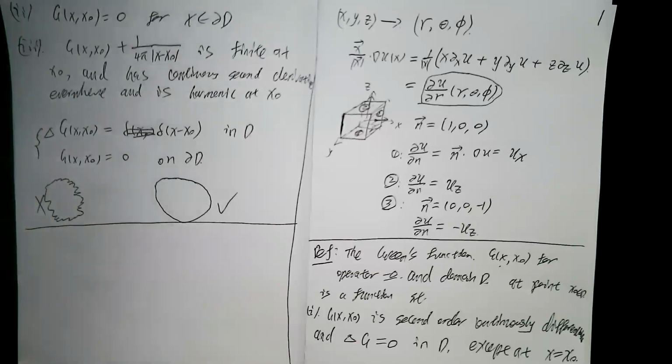Anyway, this is our definition of Green's function. But then the question is why Green's function can help us solve the problem. How can we use the Green's function to get a compact, closed formula for our problem?